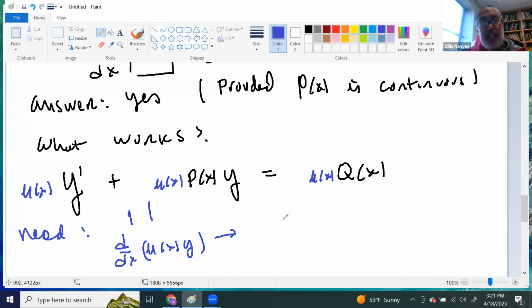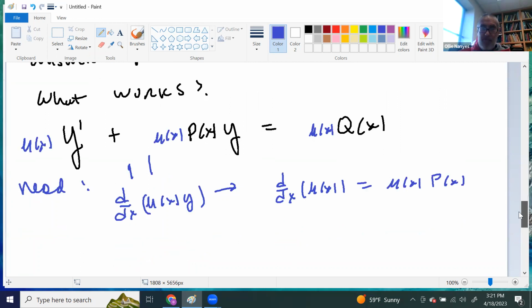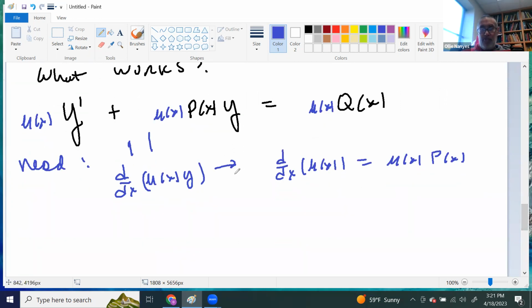But then the derivative of u of x has to be itself times p of x. So what in the world can we do? Well, this is what we need right here. We need the derivative of u to be this. It's a differential equation itself.